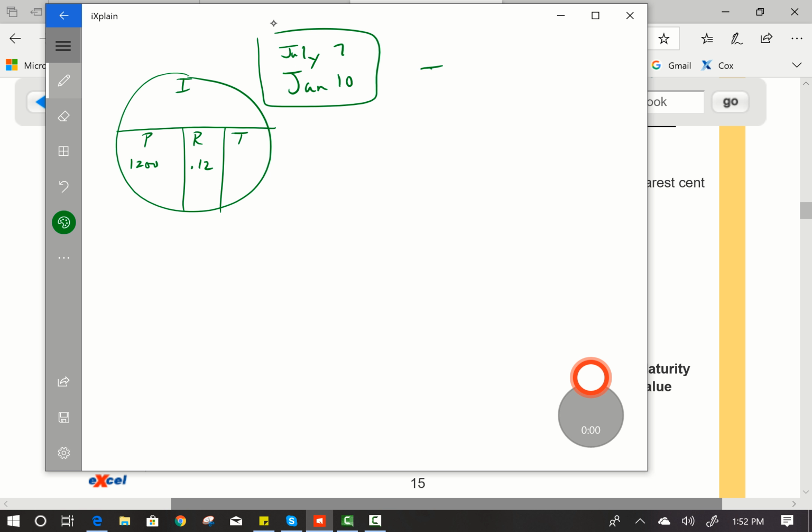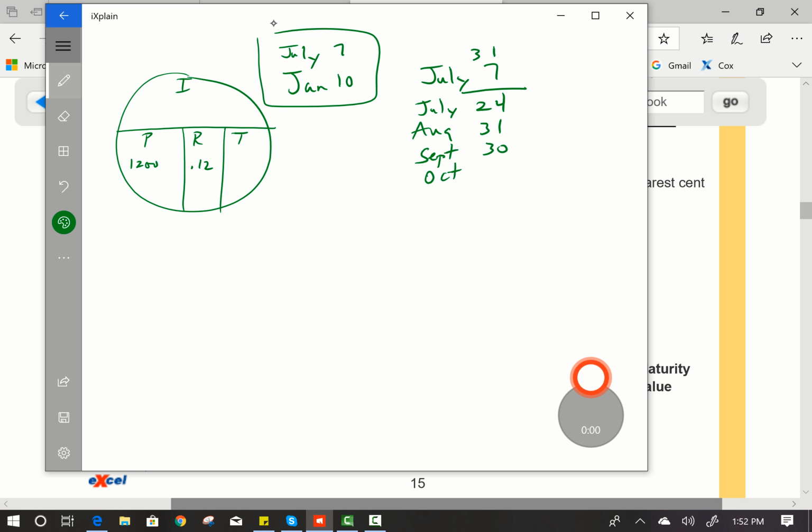Okay, so July 7th. There's 31 days in July, so that gives us 24 days remaining in July. And then August, there's 31 days. Then September, there are 30 days.